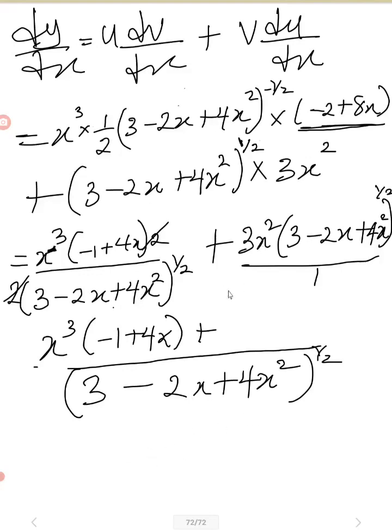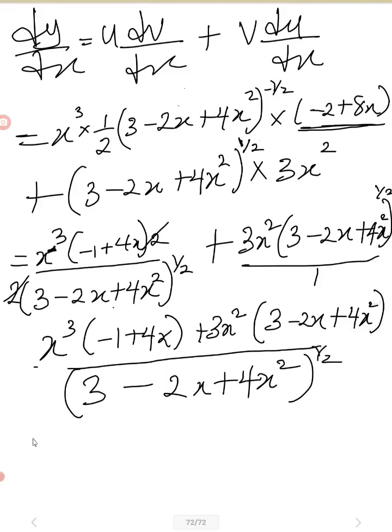So this will not be 3. It will be 3s squared onto 3 minus 2x plus 4s squared, it's over 1, but that is all.